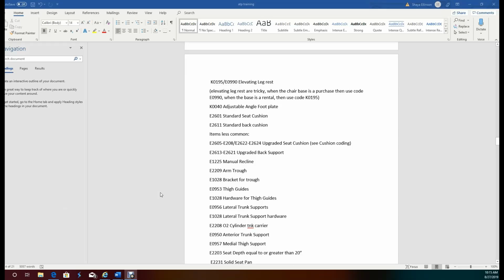Okay, moving along. We ended off, I think, the last recording with K0040, adjustable ankle foot plate. This is for a patient who does not have full range of motion in their ankles and therefore requires the foot plate to be angled either in plantar flexion or dorsiflexion.